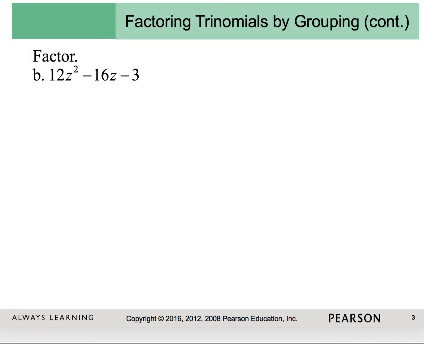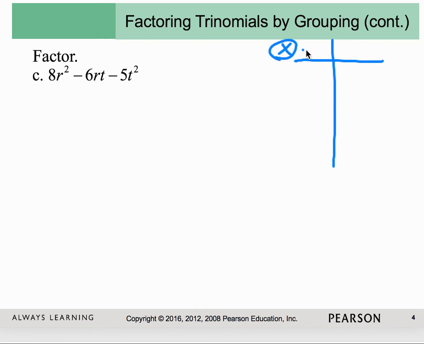Perfect. Let's do it again. Okay. I need two numbers that multiply and give what? 8 times -5, -40. And add to give what? -6.